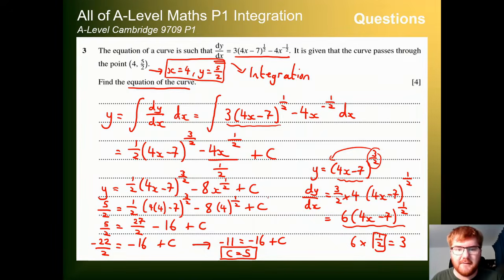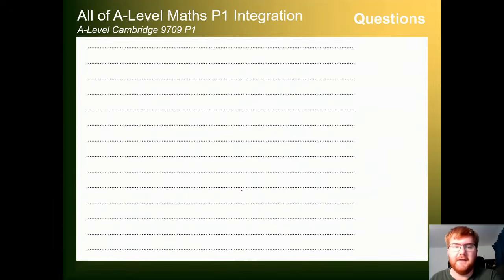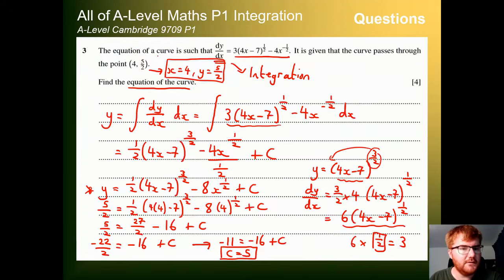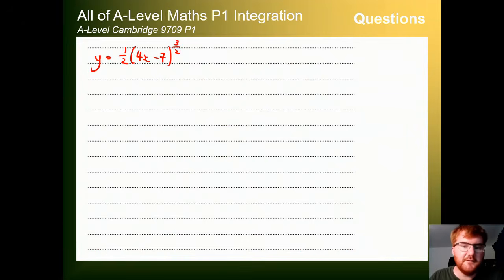Okay, so once we've got that, all we're going to do is write this step out and replace the c with 5. So our final answer here is y is equal to a half 4x minus 7 to the power of 3 over 2 minus 8x to the power of a half plus 5.